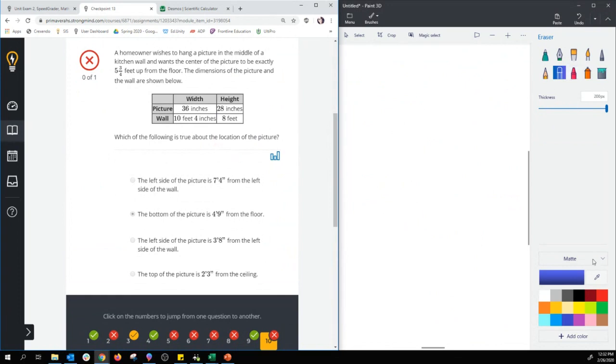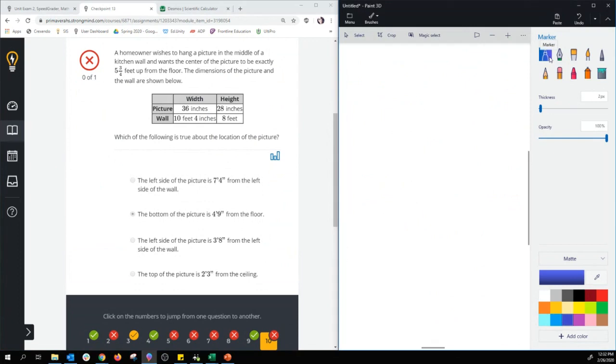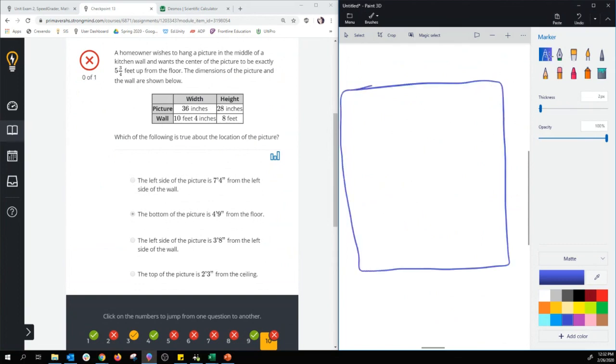So I'm going to draw two rectangles for this problem because looking at this table, I'm confused just looking at it. So I want to see what's happening. I have this wall, and the wall has a width of 10 feet and 4 inches, and it has a height of 8 feet.